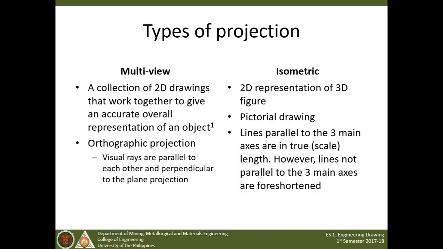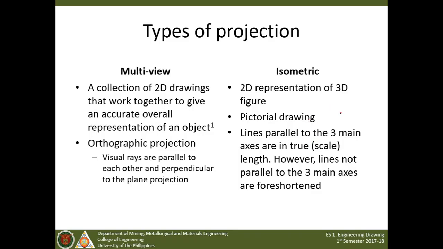Okay, so the isometric view is a 2D representation of a 3D figure. It is a pictorial type of drawing, and the lines are parallel to the three main axes, and they are true in scale of the length.